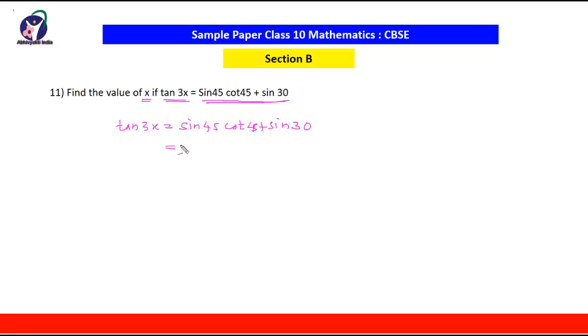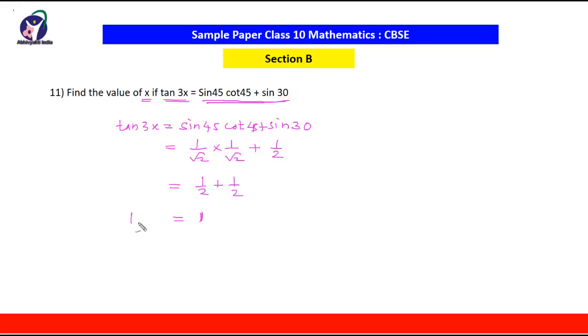Which is equal to sine 45, that is 1 upon root 2, multiplied by cot 45, that is also 1 upon root 2, plus sine 30, that is 1/2. So which is equal to root 2 into root 2, that will be 2, so it will be 1/2 plus 1/2.